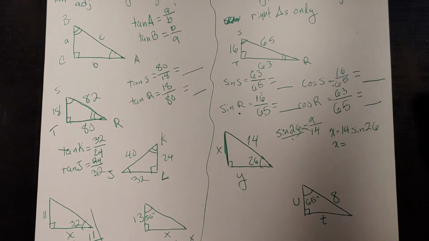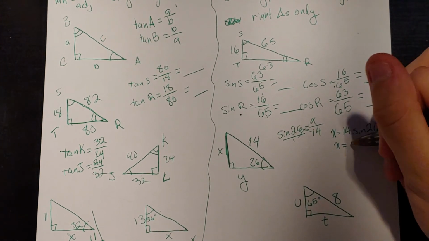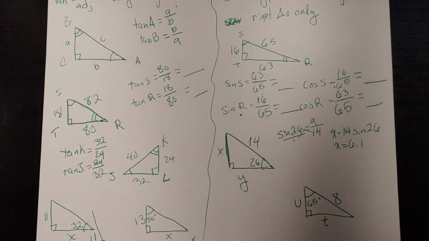If I do 14 sine of 26, I end up getting 6.1.